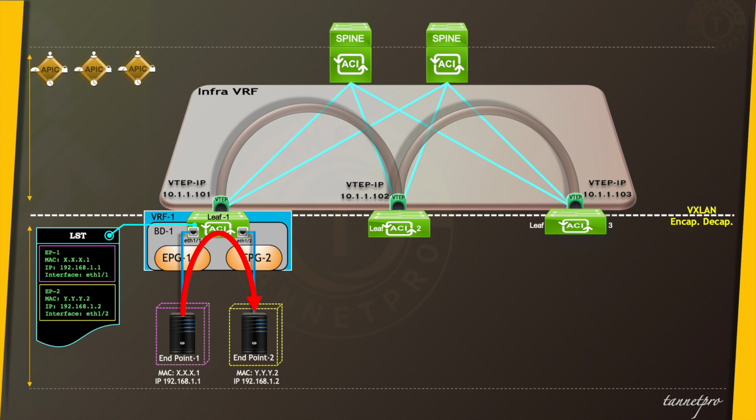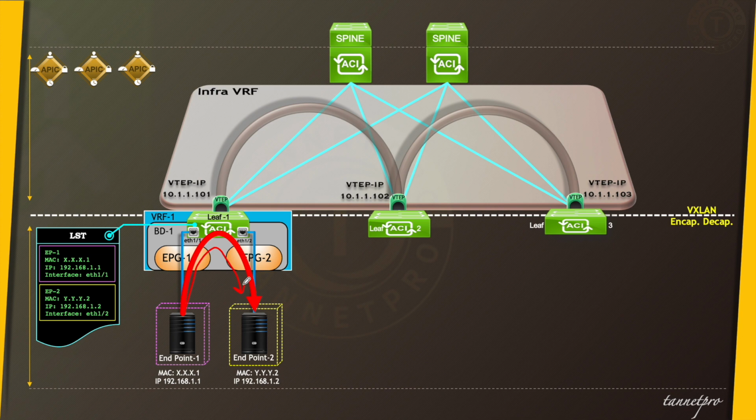Once this server communicates to another server, this forwarding happens like a traditional or legacy network, like a simple switch. If you connect two servers or two laptops to a single L2 switch, and they communicate with each other, the same thing happens here also. But what makes this ACI switch different is that they learn the IP address and MAC address, and maintain a table, the LST, local station table.